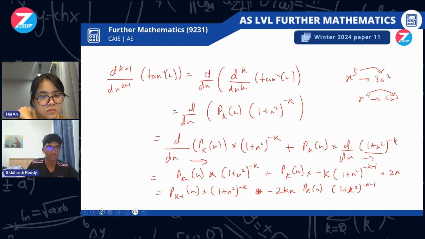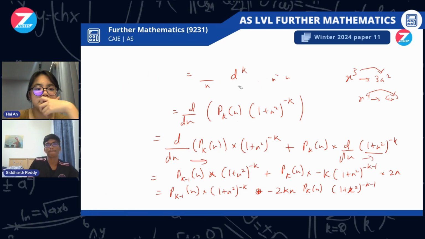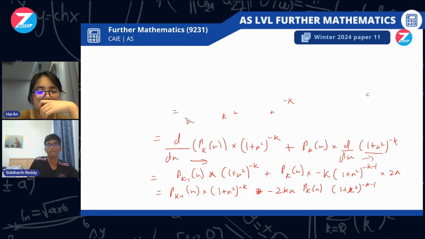I'll just erase the top for more space. So what we have right now is this. We can factor out the 1 plus x squared to the power minus k.